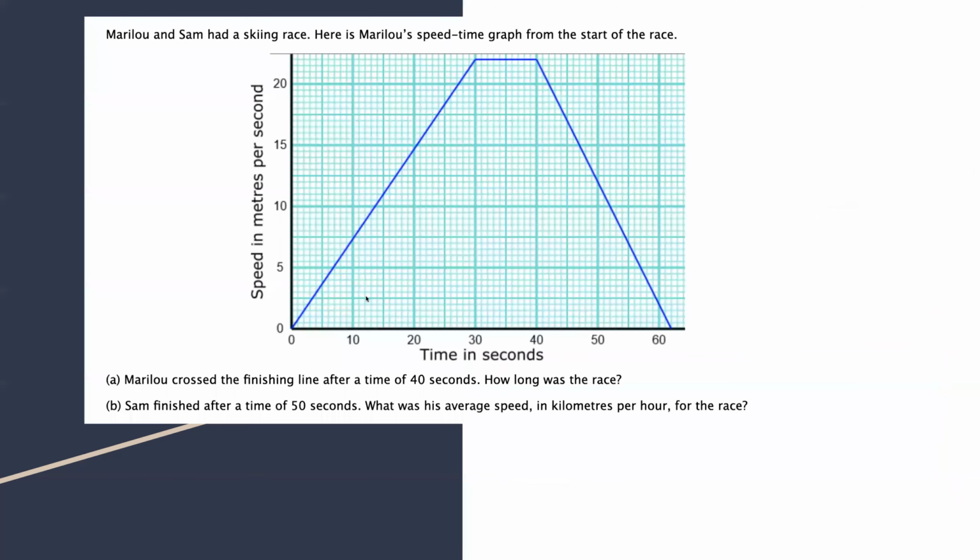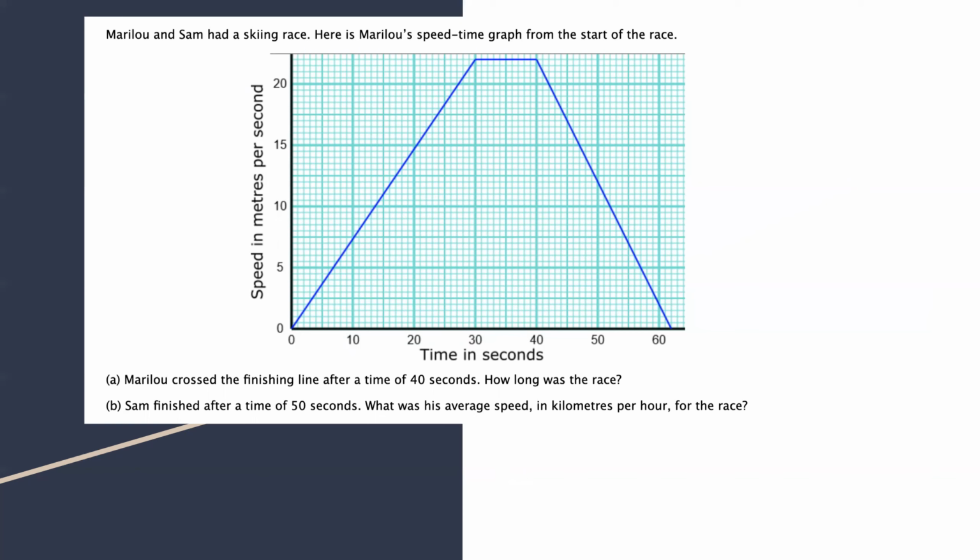For example, I have this question here. It's a very standard speed time graph question. These guys are having a skiing race, and this guy called Marillo, I don't know how to pronounce it, has this speed versus time relationship.